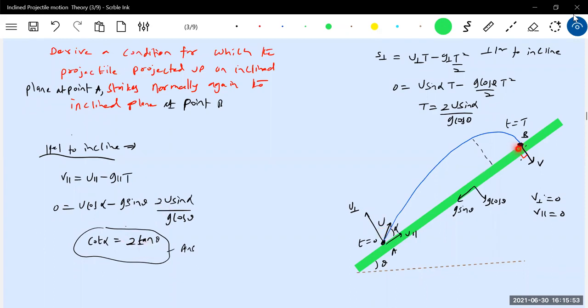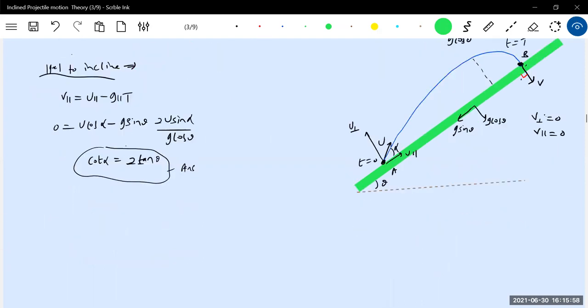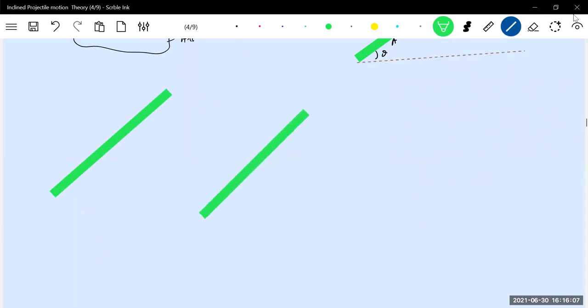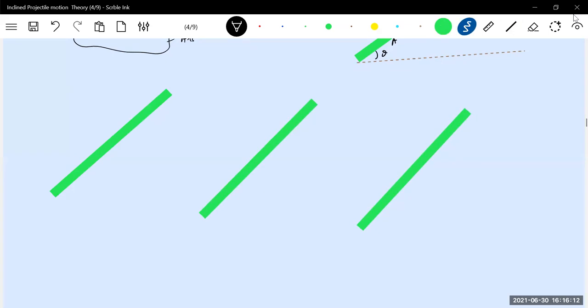Sir, what are all the possibilities here? If you project a projectile up the incline, what are the possibilities? There are 3 possibilities altogether. When you project it up the incline, the ball will go and strike like this.